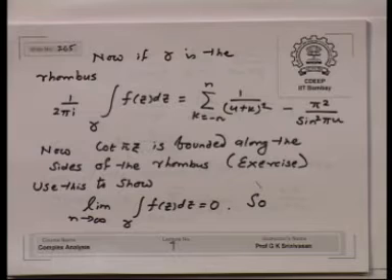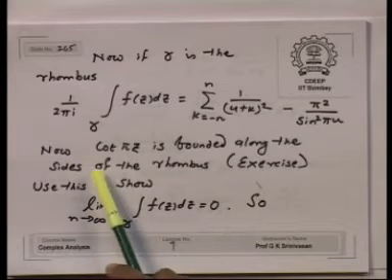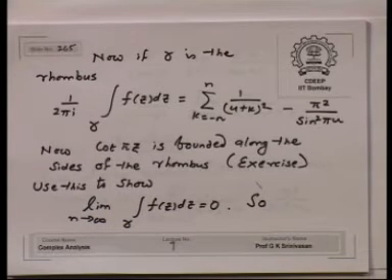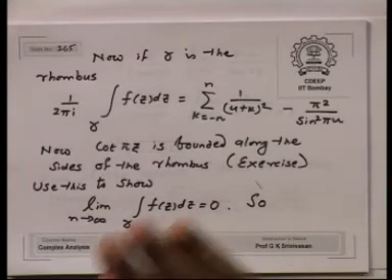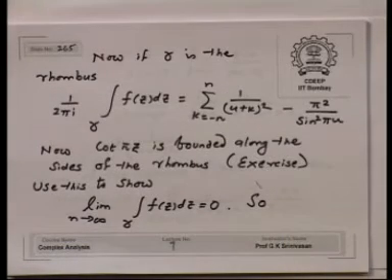Now, you have to check as an exercise that cot pi z is bounded along the 4 sides of the rhombus. You have to write down the formula for cot pi z in terms of cos pi z upon sin pi z. Write down the equation of the line segment. z is a point on that line.